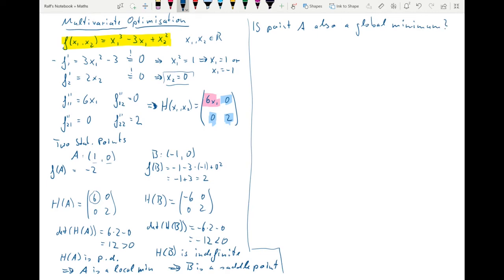The sufficient condition for a stationarity point which is a local minimum to also be a global minimum is for the function to be convex everywhere. We know it is convex at point A, because at point A the Hessian is positive definite.